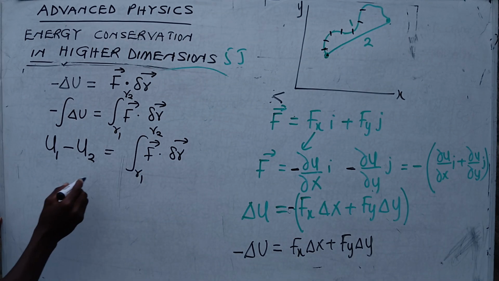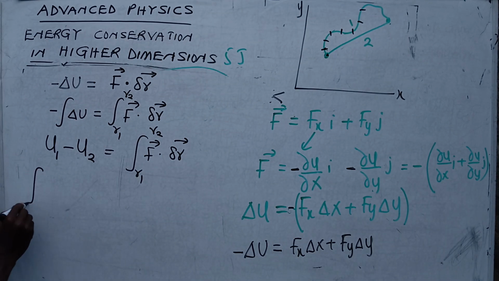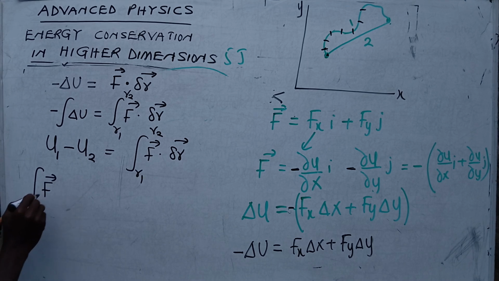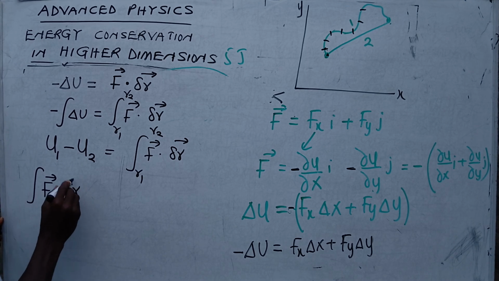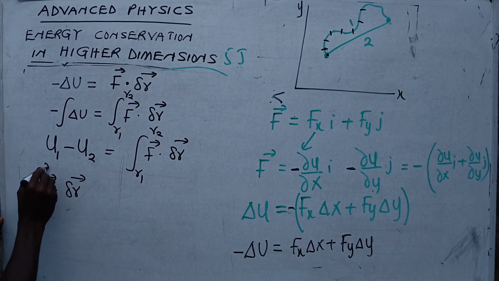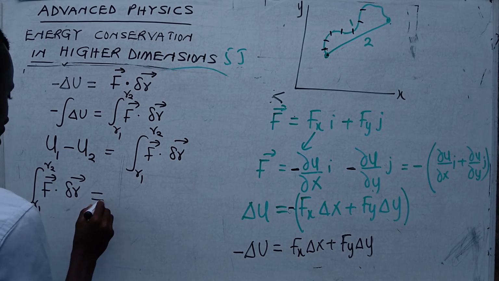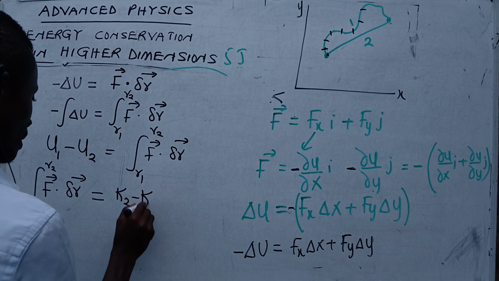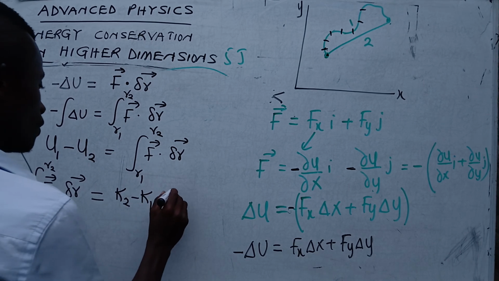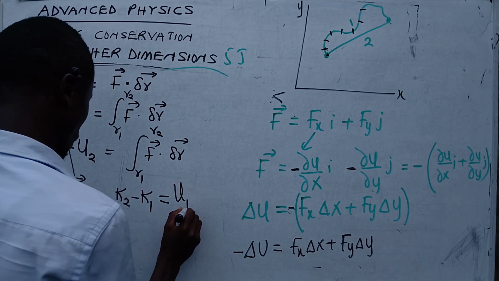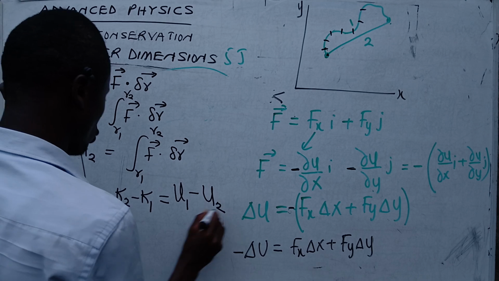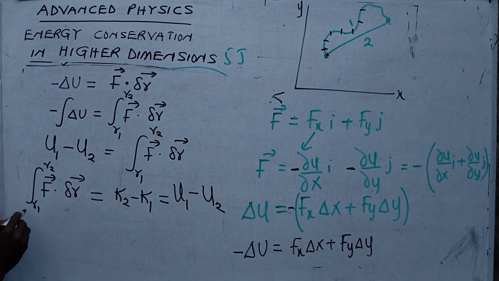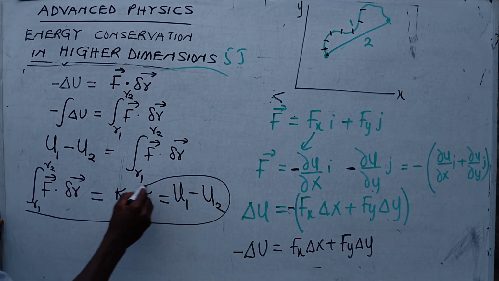So now we've been able to express in higher dimension that F dot dr from r1 to r2, which is equal to delta k, k2 minus k1, is equal to a height function at point 1 minus a height function at point 2. And we need this so much.